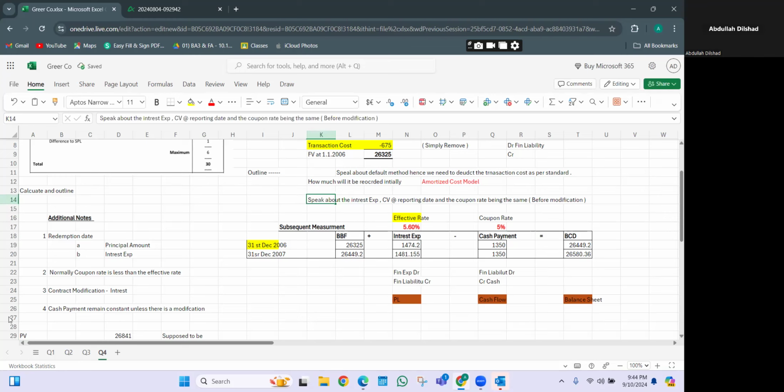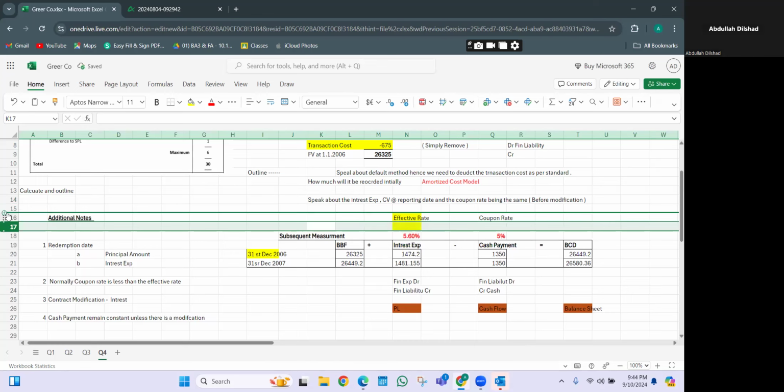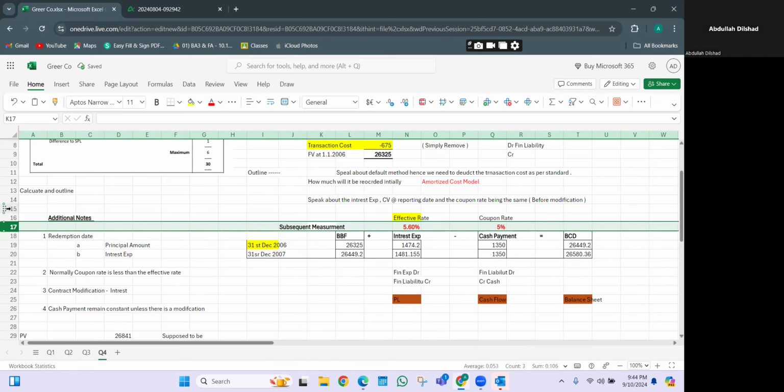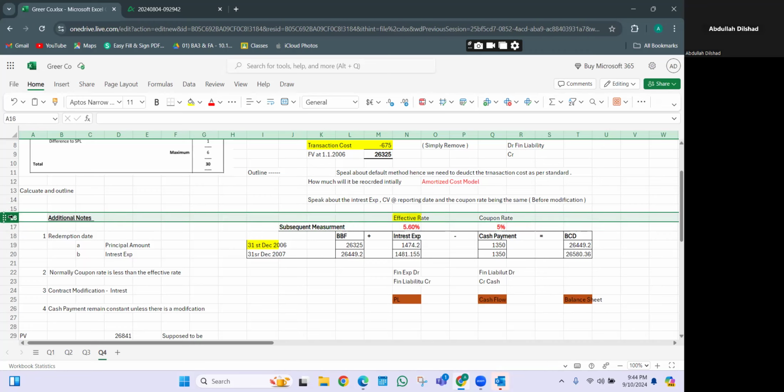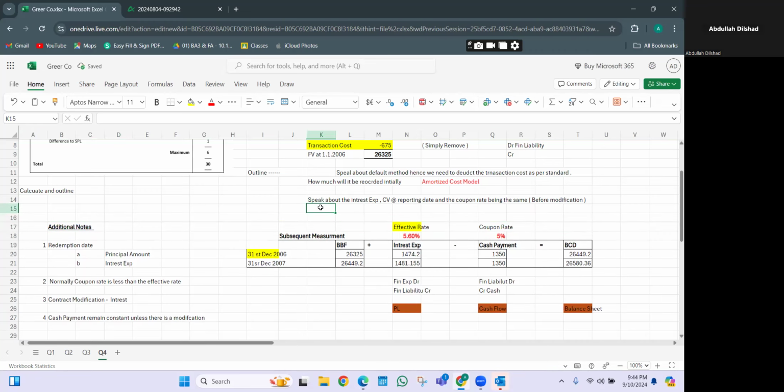And make sure that you break it and show, as I told you, those are two separate years. The examiner wants us to speak about two separate years, so make sure that you show them separately. Speak about two interest expenses rather than putting both of them in one, because both depict two separate financial years.